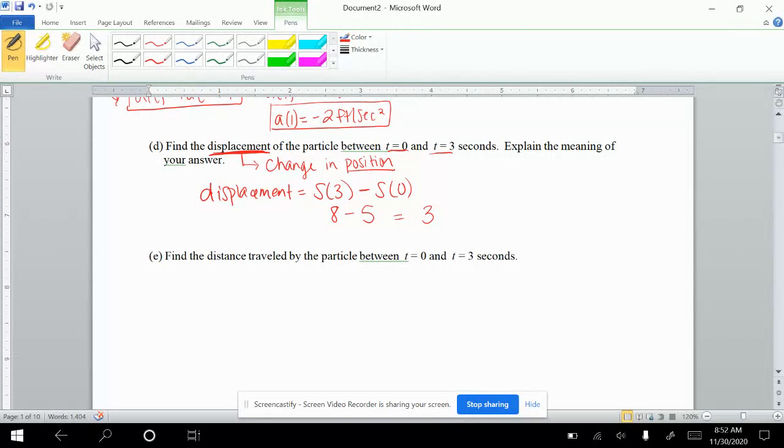So the explanation, or the explain part of this: when t equals 3 seconds, the particle is 3 meters to the right of the position when t was equal to 0.